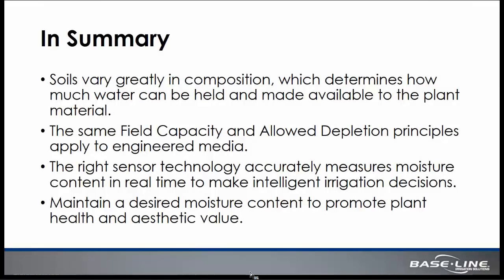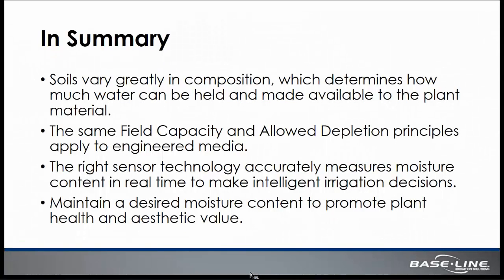So in summary, we know that soils vary greatly in composition, and it determines how much water is held between those soil particles, whether it's at grade or engineered on a green roof or green wall, and that will affect how much water is available to the plant.